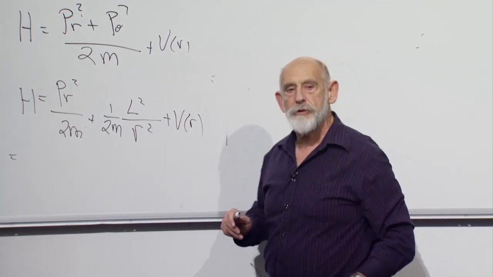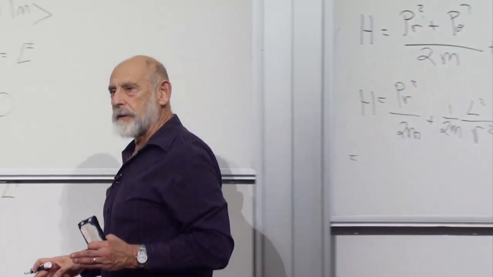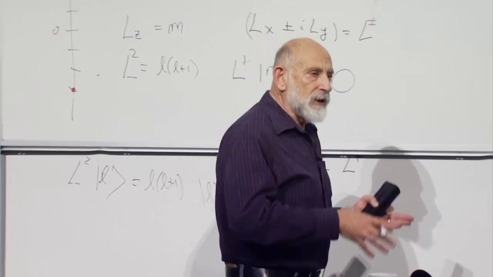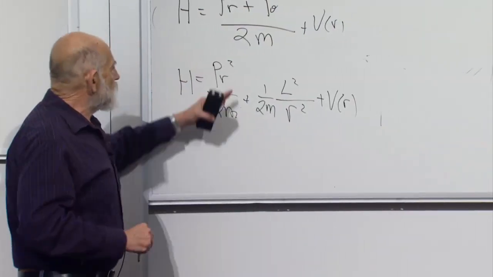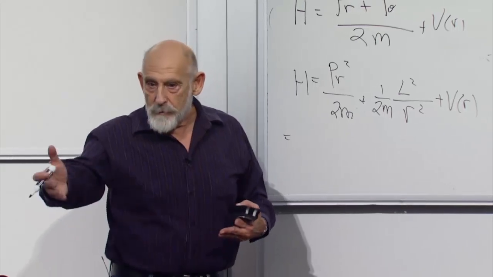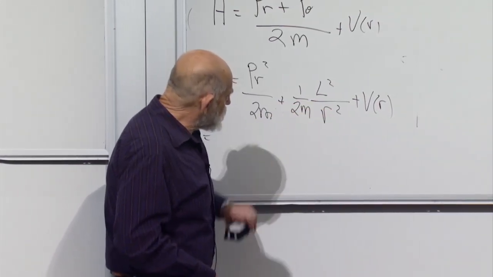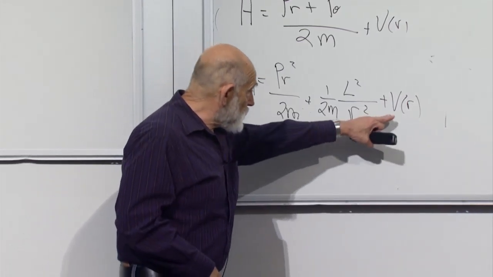Remember that L is conserved. So once you pick L, once you know what the angular momentum is, it doesn't change on you. So once you know what it is, you can freeze it. And you can say the Hamiltonian of this system is just p r squared as though it was just a one-dimensional problem, plus an extra term which goes like 1 over r squared, plus the original V of r.